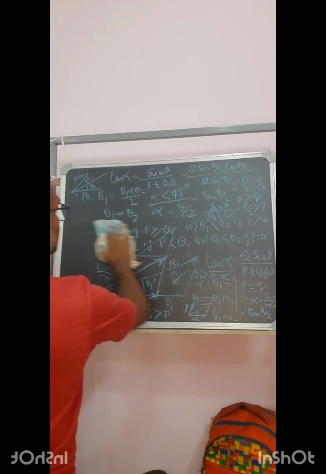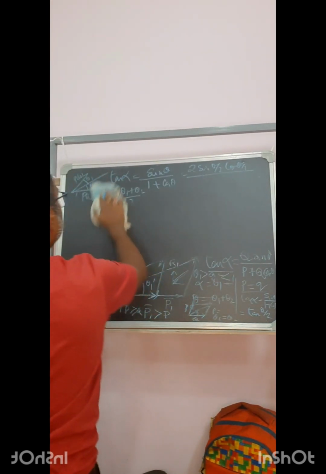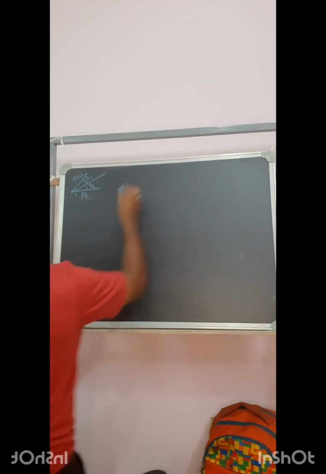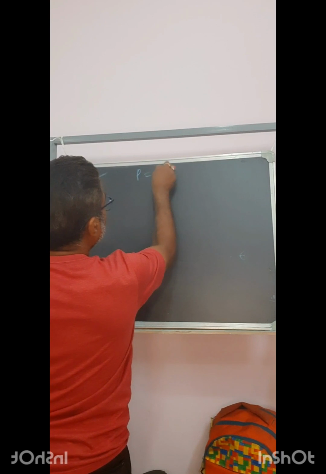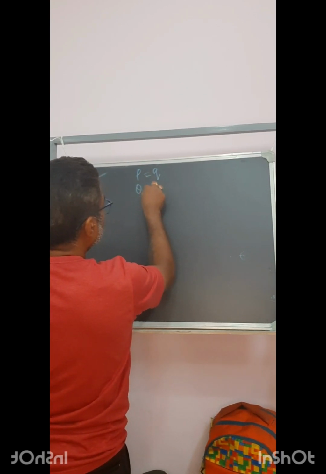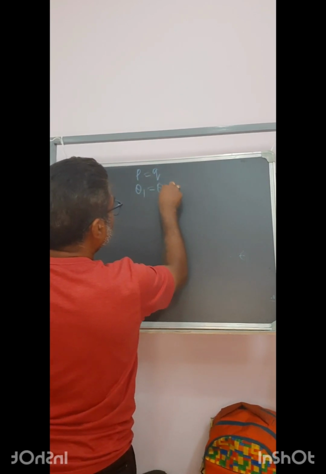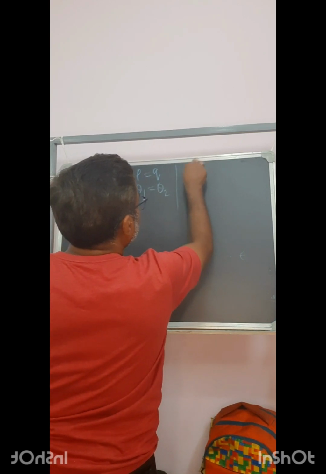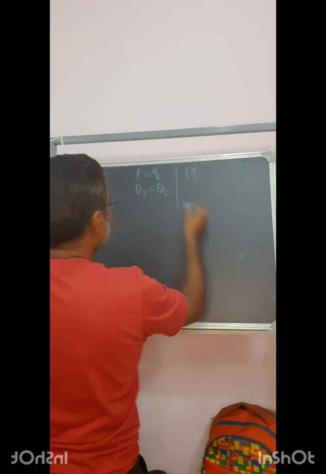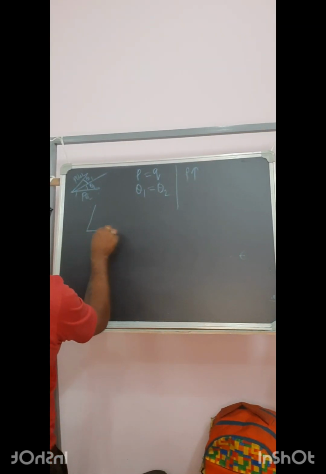Okay. Now the second condition, what is the ultimate thing I have got? If P is equal to Q, that is the standard, theta 1 is equal to theta 2. Now further, if I increase Q, we have taken the horizontal on this side.